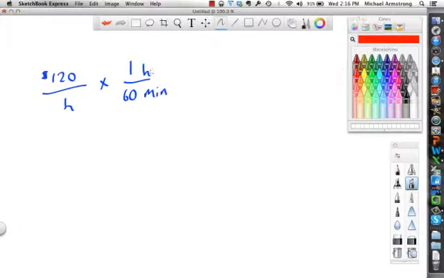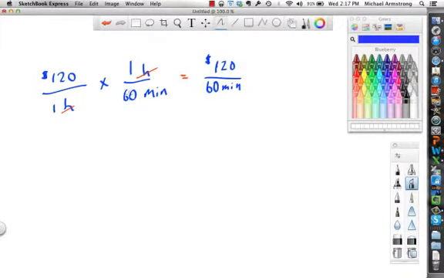Then these cancel, and when I multiply, I get 120 times 1 is still 120. And this is 1 hour. Whenever you cross out, it becomes 1, right? So this is over minutes. And I have 60.